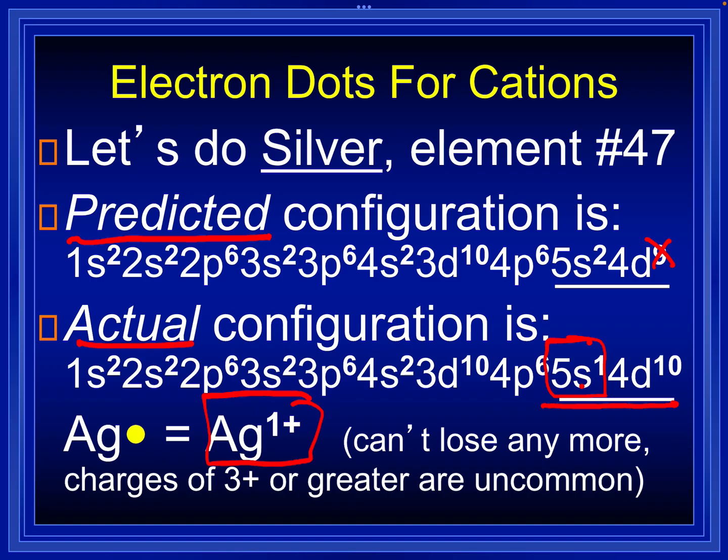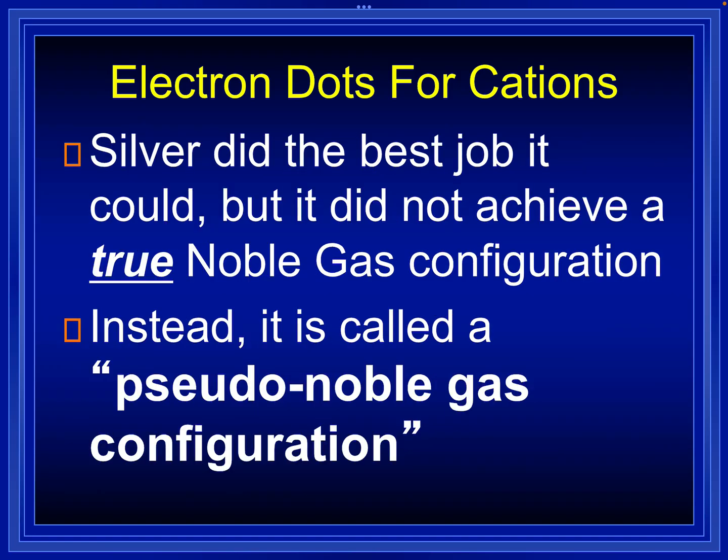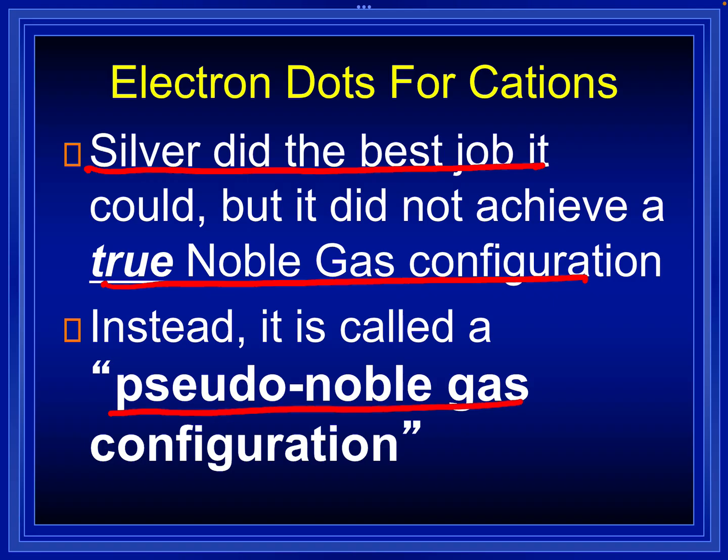So silver will always have a 1 plus ion. Silver still doesn't have a noble gas configuration. It's not a true noble gas. We call that the best it can do, a pseudo-noble gas configuration, and these are often d10.